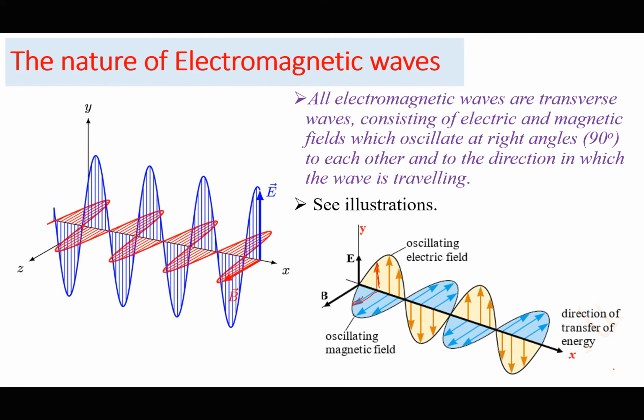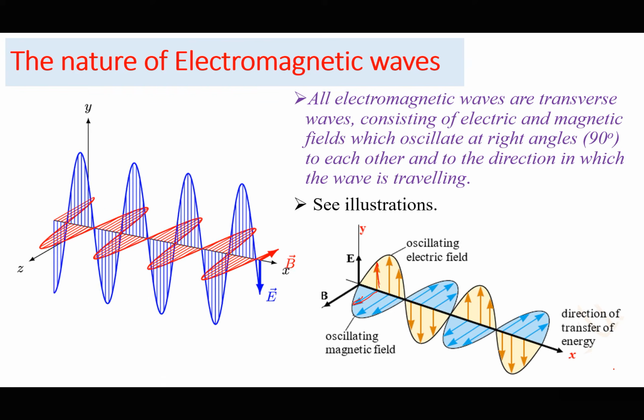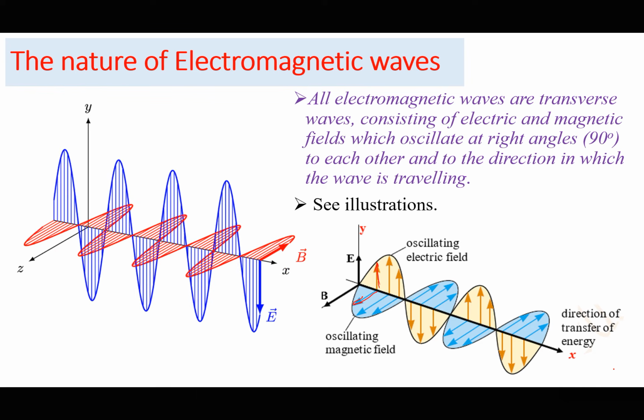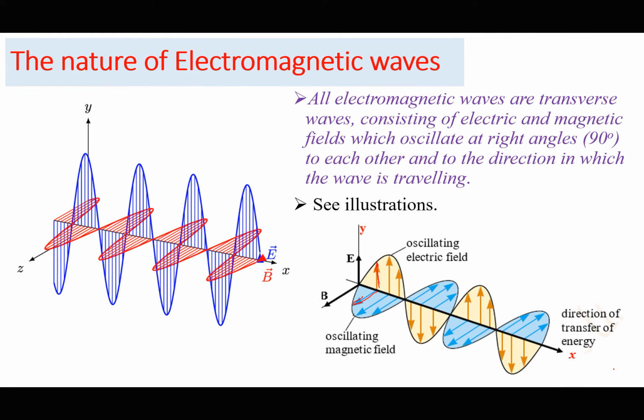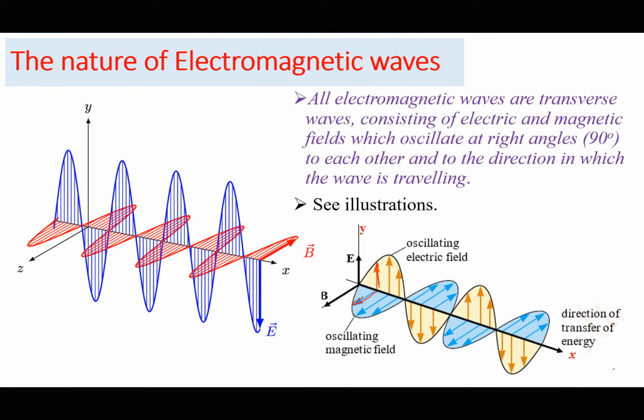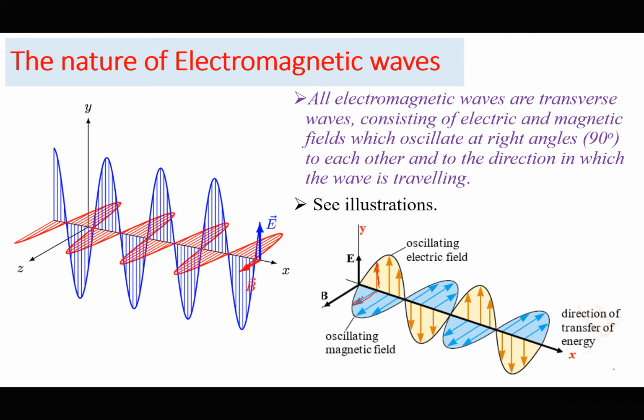So this is the nature of electromagnetic waves. They are made up of electric and magnetic fields oscillating perpendicular to each other and also perpendicular to the direction of propagation of the wave.